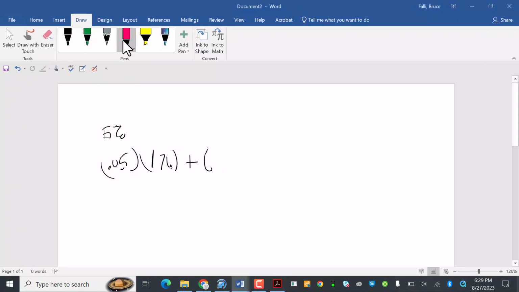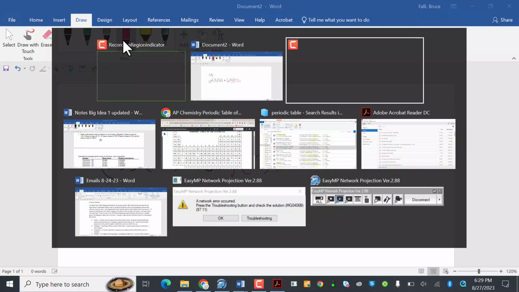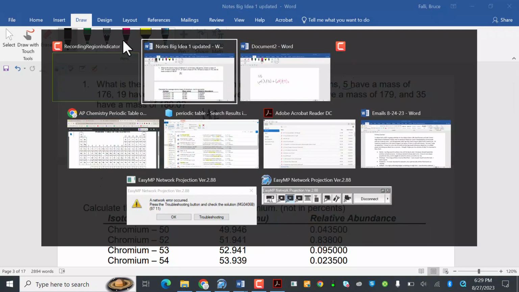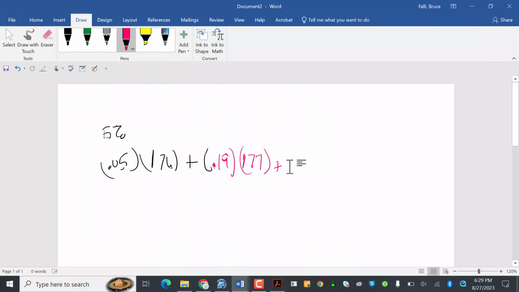Let's see if maybe I change this. 0.19 are 177, plus then I have 27 is 178. It's going to be 27%. Oh man, you can tell it's kind of mad here.